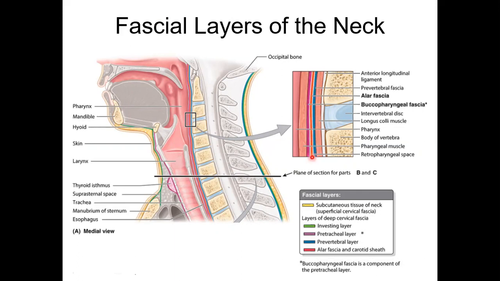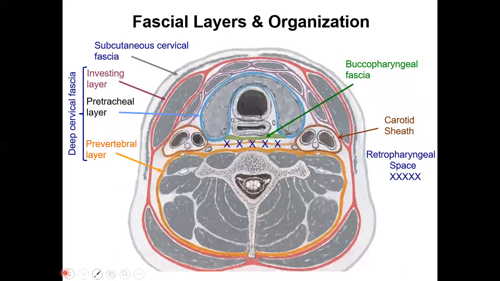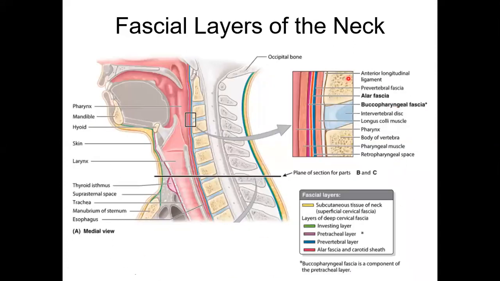And then that retropharyngeal space is back in here. They have it labeled between the alar fascia and the prevertebral fascia, versus in the previous picture, it was like this whole area. But yeah, your buccopharyngeal fascia, your alar fascia, your prevertebral fascia.